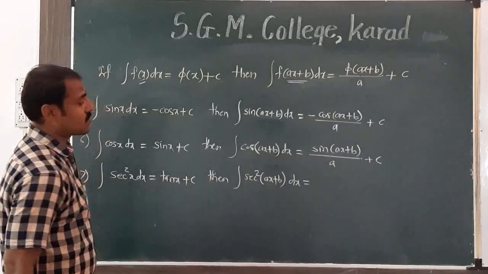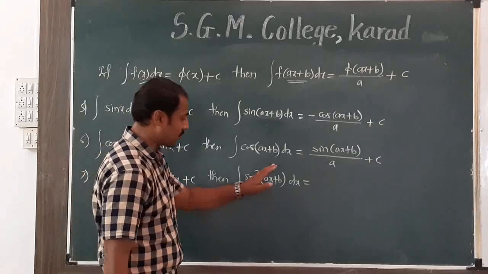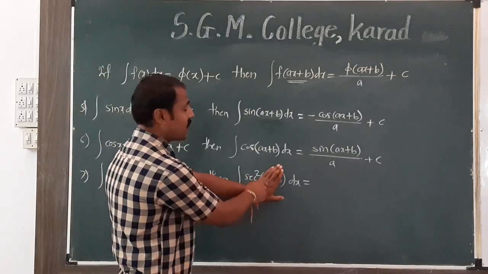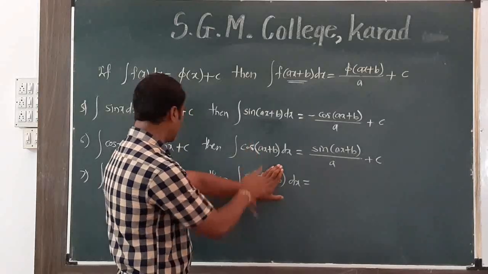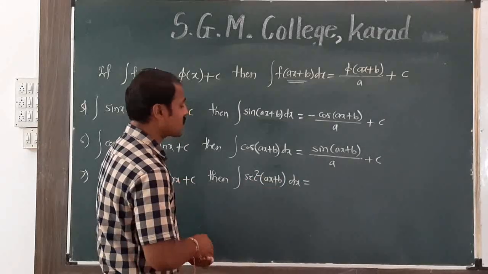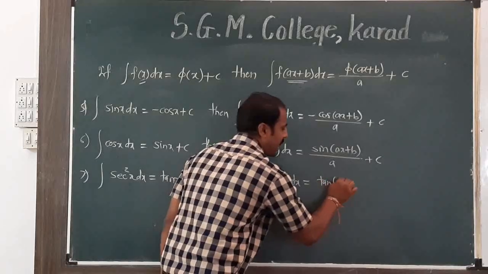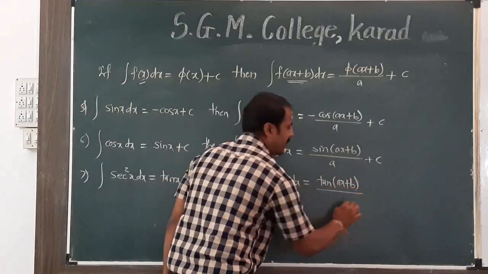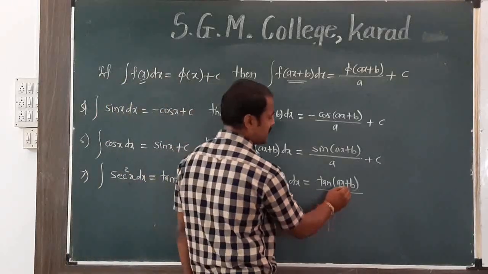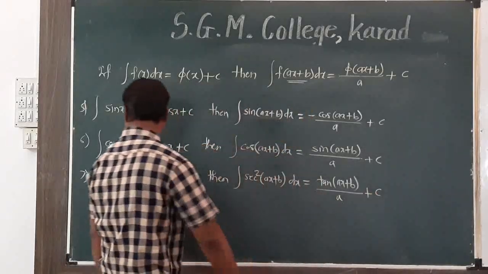Consider this linear expression as x. Integration of sec square x is tan x. So integration of sec square of ax plus b dx is equal to tan of ax plus b divided by the coefficient of x. What is the coefficient of x? Here it's a, plus constant of integration c.